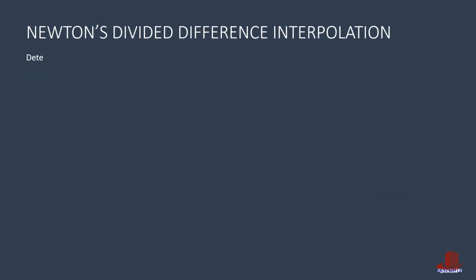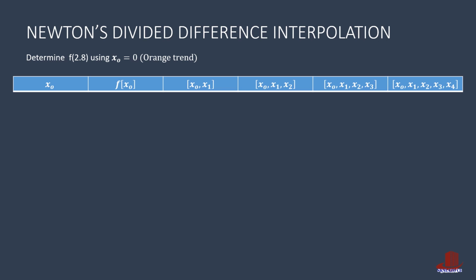With two alternatives with Newton's divided difference interpolation, we look for f of 2.8 starting with x0 as 0. This is the orange trend. Take out the coefficients from the table where x0 is 0. F of x0 is 1. The first difference is 2.